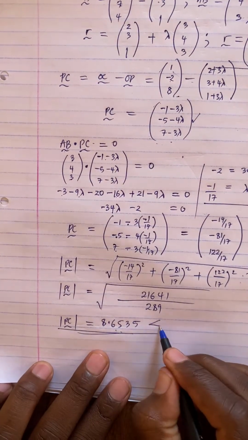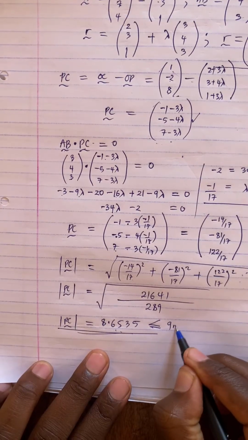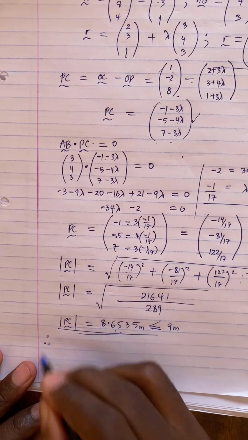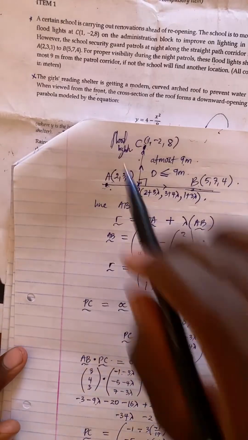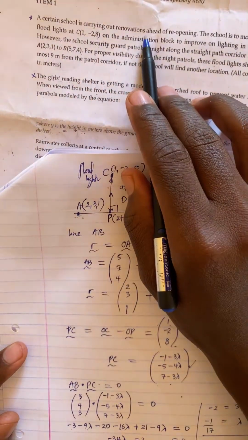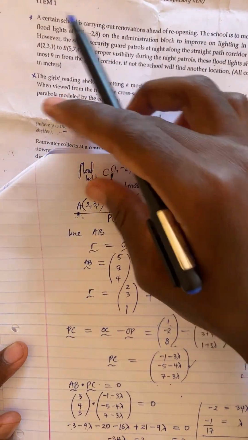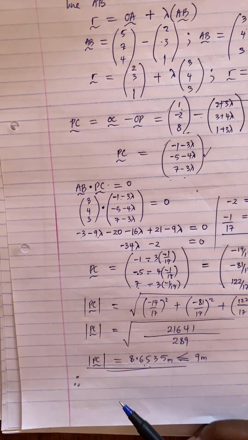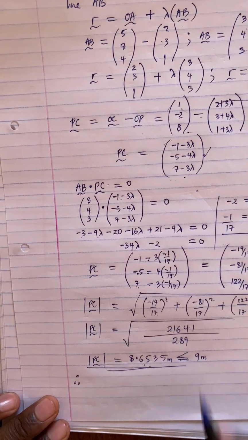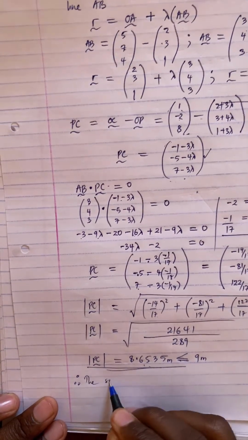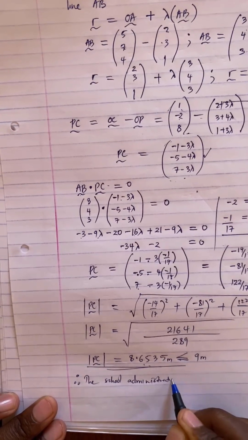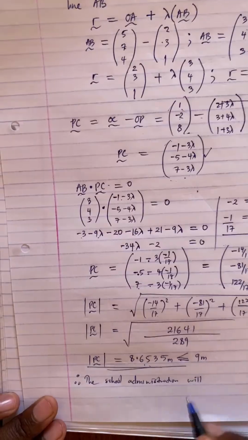So it is true, this distance is less than or equal to 9 meters. Therefore, we shall conclude that the school administration will carry out the renovation since the distance is as planned. The distance is at most 9 meters. Therefore, the school administration will carry out the renovation.